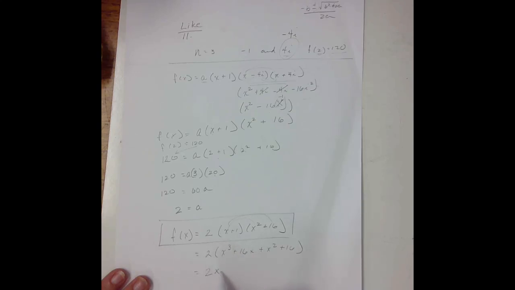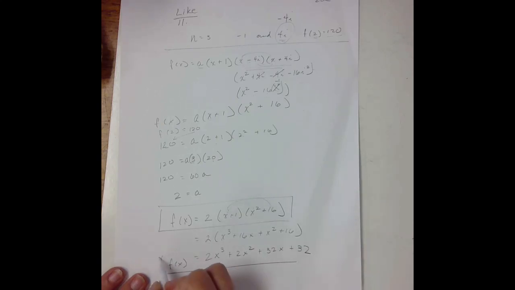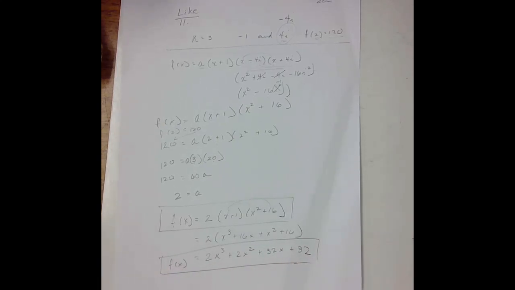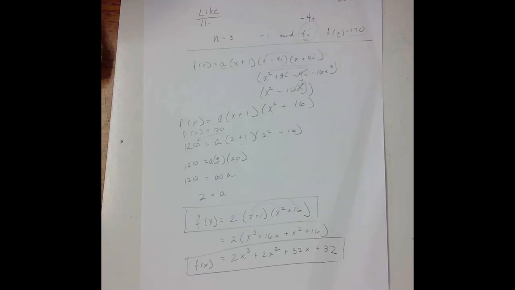So 2x to the third plus 2x squared plus 32x plus 32 would also be another form I would accept. I noticed on your homework it accepts the factored form as well as the regular polynomial, so either way will work for me. Any questions on that? All right.